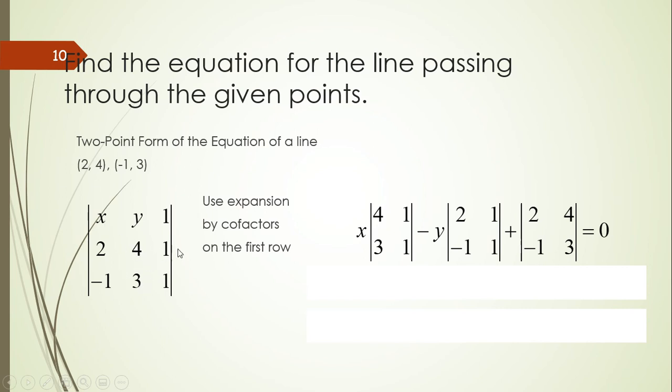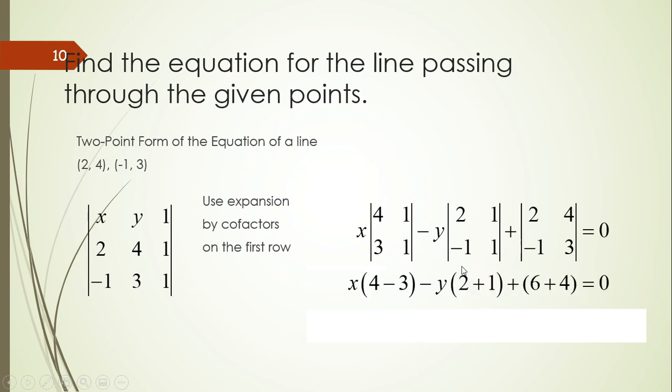But if we do it with the first row, it's going to be x times this matrix that's left over, 4, 1, 3, 1, minus y, because remember it's plus, minus, plus, so minus y times the determinant of this matrix, 2, 1, negative 1, 1, plus my third column in this row, 1 times this matrix, 2, 4, negative 1, 3.